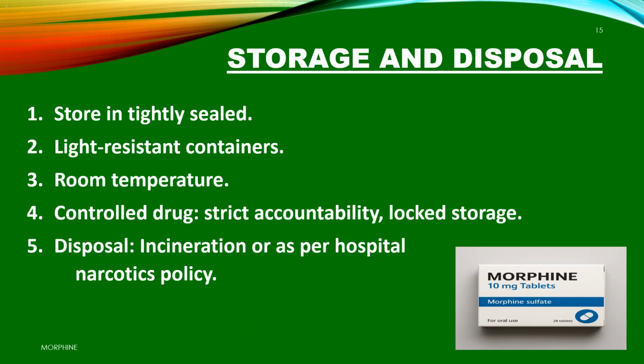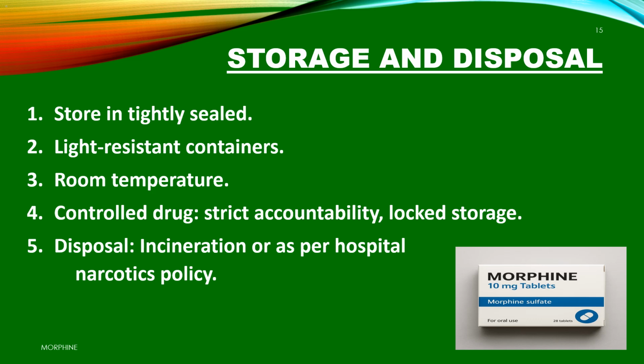Storage and disposal of morphine. 1. Storage. Morphine should be stored in tightly sealed containers to prevent moisture and air exposure. 2. Light protection. Containers should be light resistant to prevent degradation of the medication. 3. Room temperature. Morphine should be stored at room temperature, away from extreme temperatures. 4.